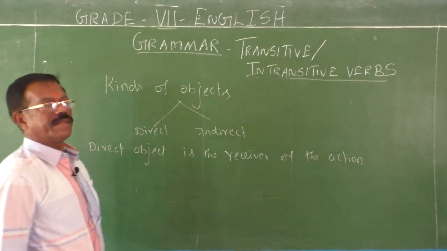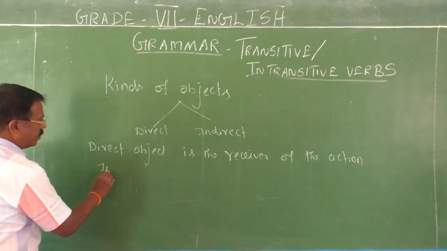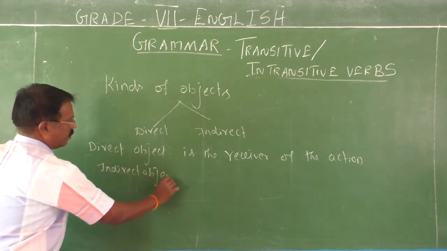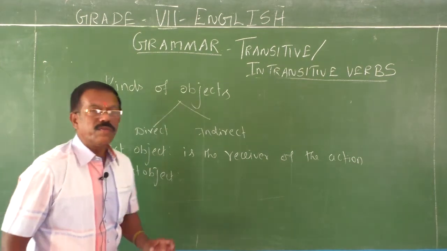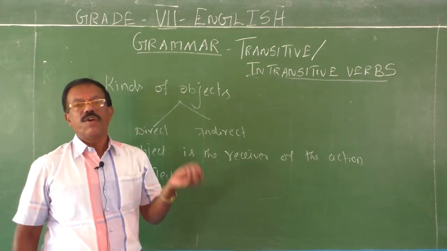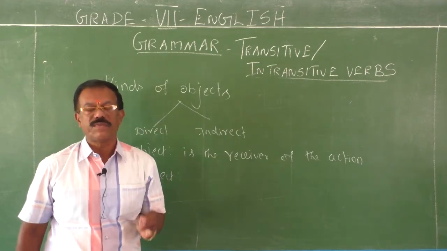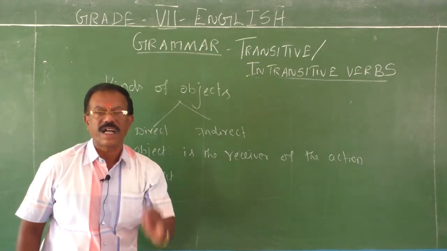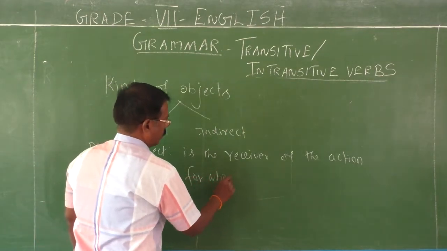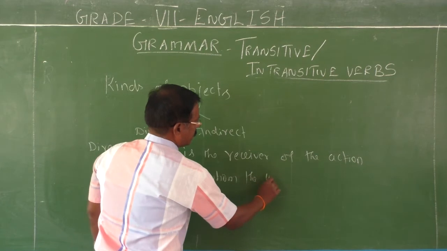What's an indirect object? Indirect object, what is it? It is the one for whom the action is done, for whom the work or the task is done.